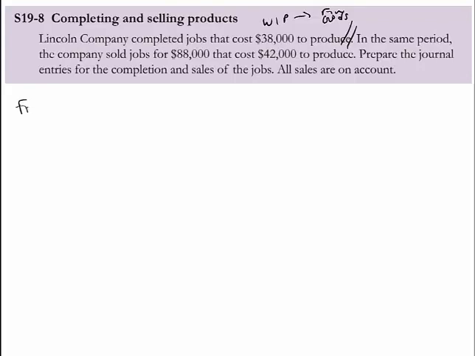So for the first one, we'll debit finished goods inventory for $38,000, and we'll credit work in process inventory because it's coming out of work in process and going into finished goods. So that's the first one. The second one says they sold something for $88,000 and what it cost them was $42,000. So $42,000 is what went into finished goods, but we're going to turn around and mark it up and sell it for $88,000.